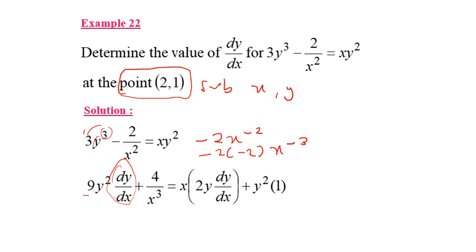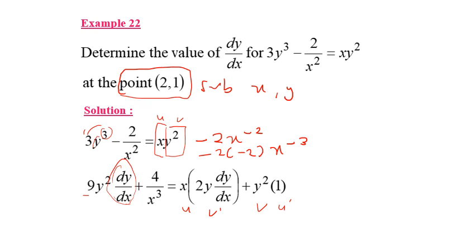So look at the right hand side. As you notice here, we have two terms, so don't forget you have to apply the product rule, uv prime plus vu prime. So this one is u, this one is v. So differentiate y squared, it will be 2y, and then since it is y, you have to multiply with dy dx. And then plus vu prime.